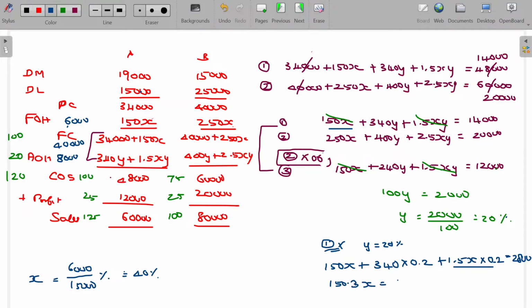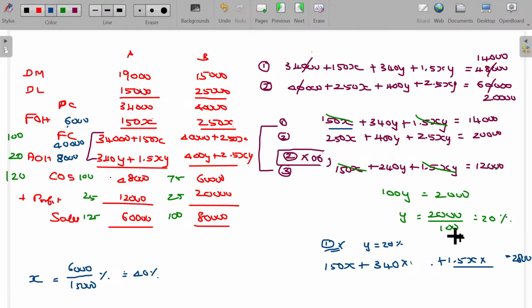Somewhere I made a mistake. This is not 0.2, 20%. I had to put 20% here.